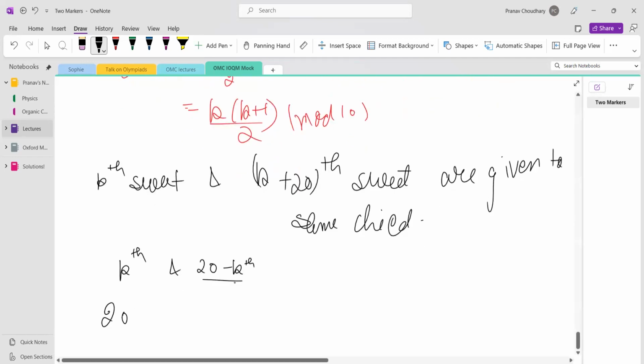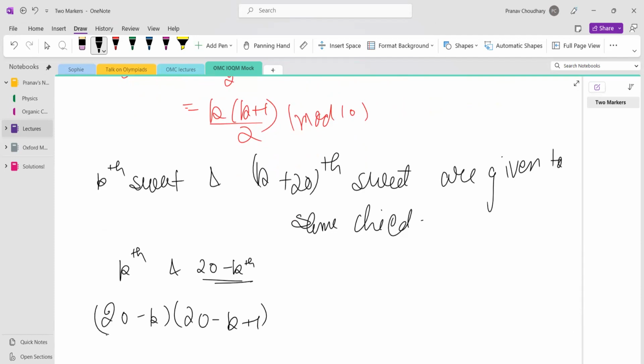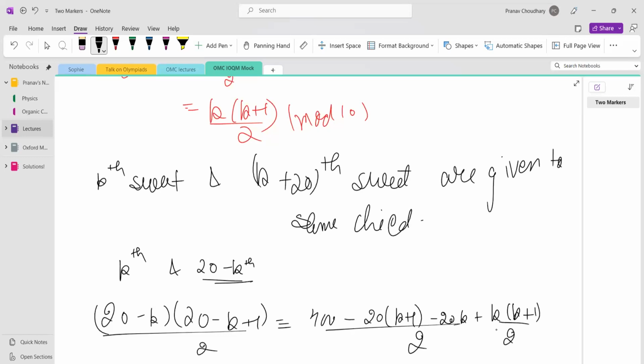So let's see, 20 minus kth suite will be given to 20 minus k into 20 minus k plus 1th child modulo 10. This is 400 minus 20k plus 1 minus 20k plus k times k plus 1 by 2 mod 10.